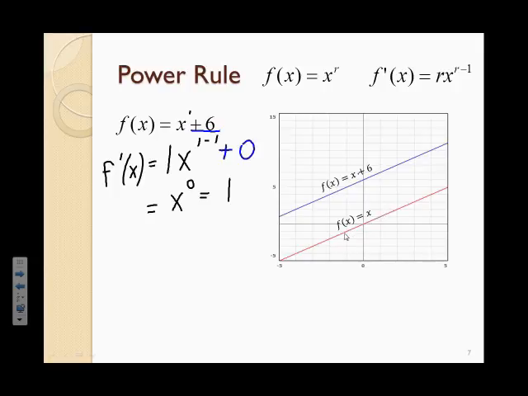And you notice that they're parallel. The slope is going to be the same. All the plus 6 does in the original function is simply move this red line up 6 units to here. So the slope does not change anywhere on this line. Because of this, we know that if you take the derivative, if there's a constant by itself with no x's, you just ignore it, or say that it's equal to 0.